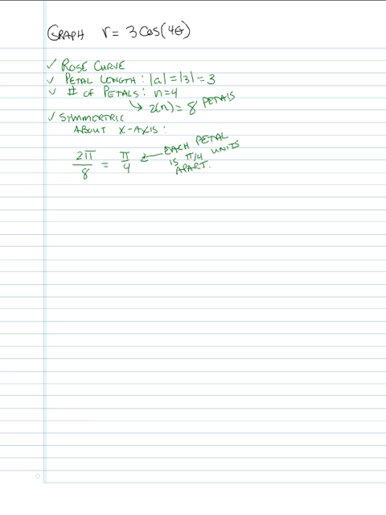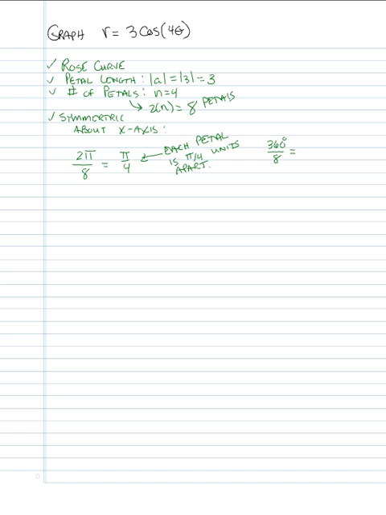Well, that's interesting. Now, we could have done that by saying 360 divided by 8, but that's in degrees. That would tell us how many degrees they are apart. Let's do this real quickly.